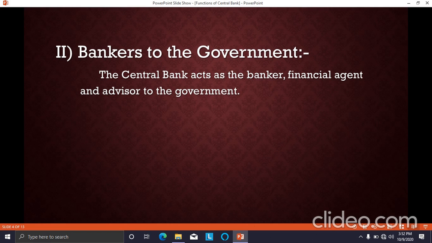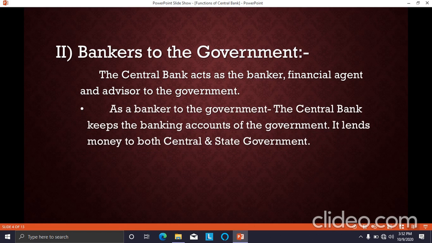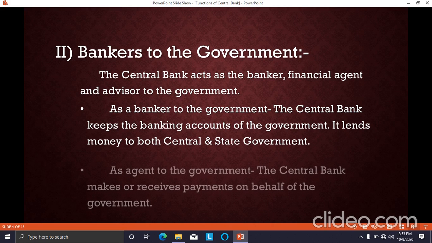As a banker to the government, central bank keeps the accounts of the government, and whenever the central government or state government requires capital, that money has to be provided by the central bank. Central bank keeps banking accounts of the government and lends money to both central and state governments. This is how central bank acts as a banker to the government.